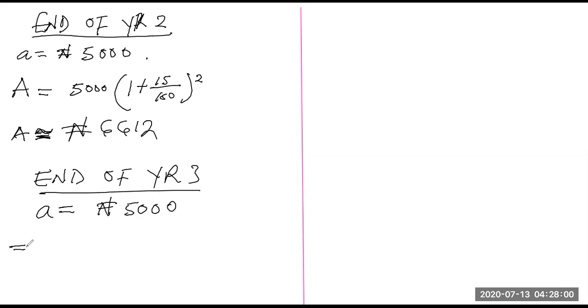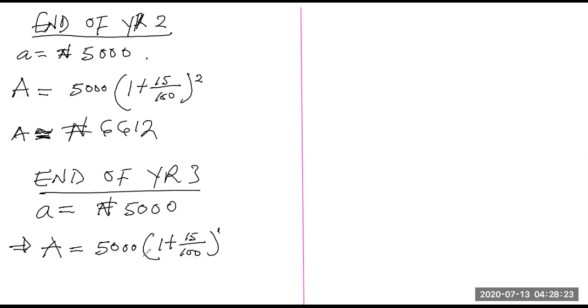So the compounded amount equals 5,000 into 1 plus the same bank rate over 100 raised to power 1, and 1.15 raised to power 1 is the same as 1.15.